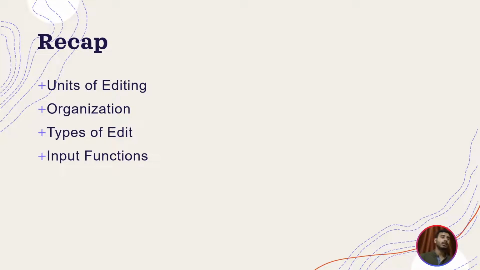Oh, my bad, I just mixed it up. Types of edits is trim edit, ripple edit, rolling edit. Input functions are insert, override, place on top, append at the end. These are the edits that we are talking about.